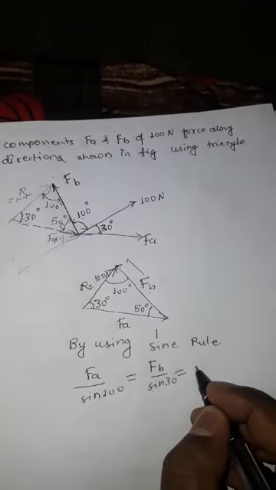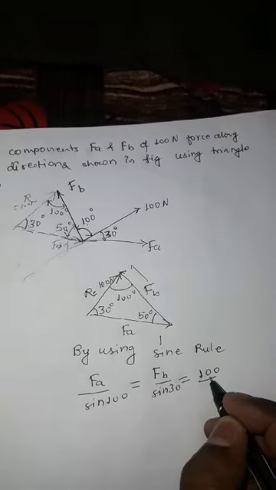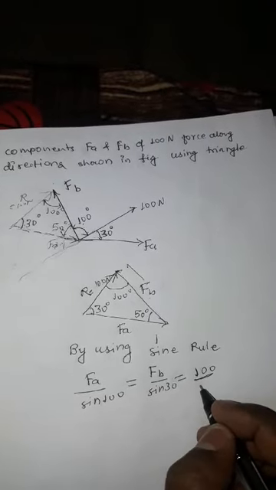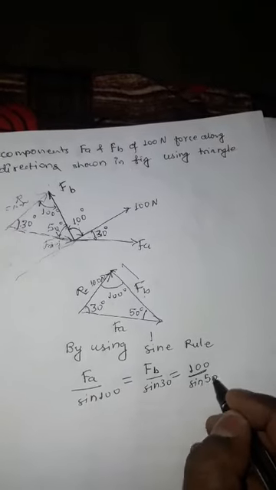Next, the resultant, which is nothing but 100, over the opposite angle sine 50 degree.